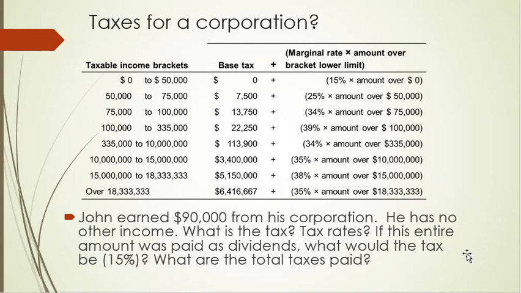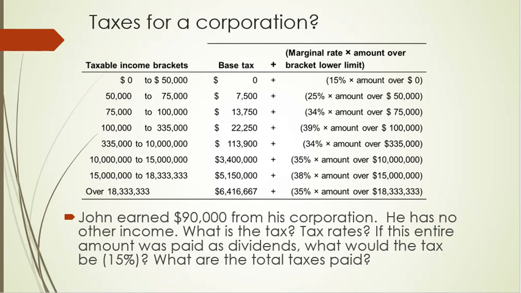So you want to use the right tax rate when you're thinking about making some kind of an investment decision. Now if John received all $90,000 of this as dividend income, now he wouldn't, but if he paid out all $90,000 as dividends, he would also pay an additional 15% tax. 15% of 90,000 is another $13,500.